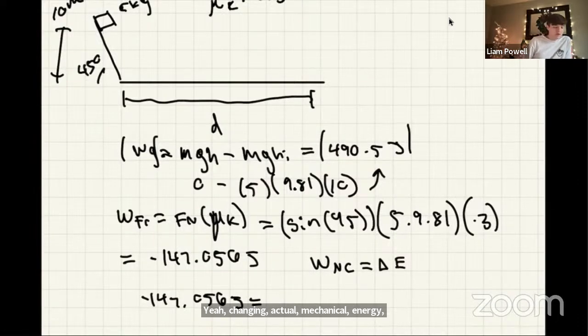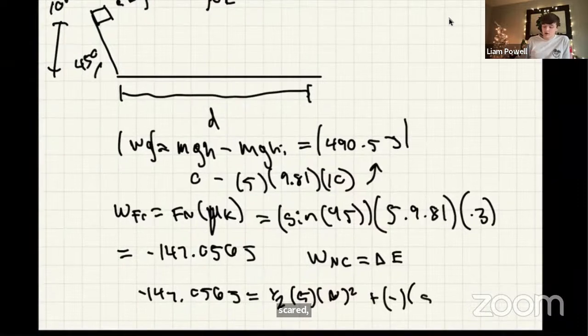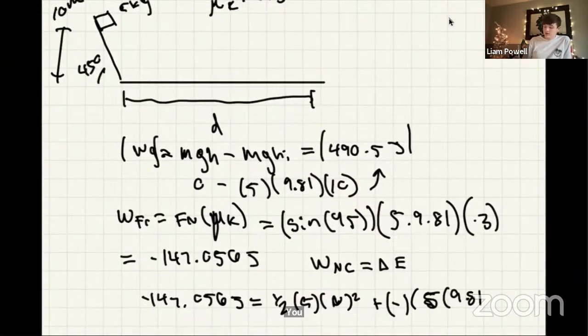So the kinetic energy at the bottom, one half mass times velocity squared, so 5 times velocity squared, plus, which is actually negative because it has gone down, 5 times 9.81 times 10.